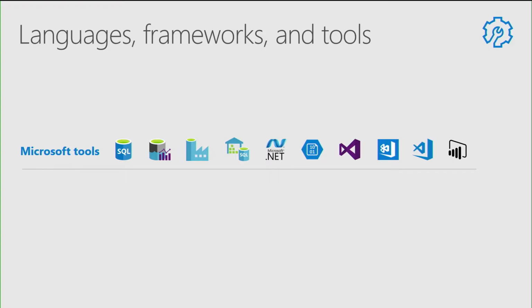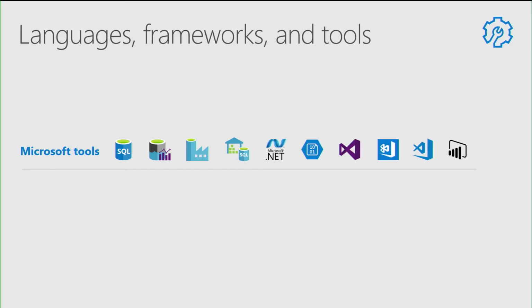The last aspect we want to talk about is the tools aspect. Microsoft has tons of languages, frameworks, and tools that support your businesses. But one thing I really want to drive home is how Microsoft has changed over the last few years. If you had seen this slide 3 to 5 years ago and asked us, Microsoft, what tools, frameworks, and languages do you support, this is what we would have shown you.